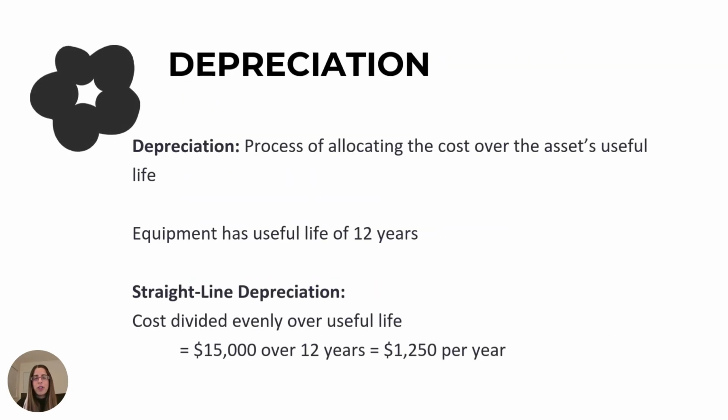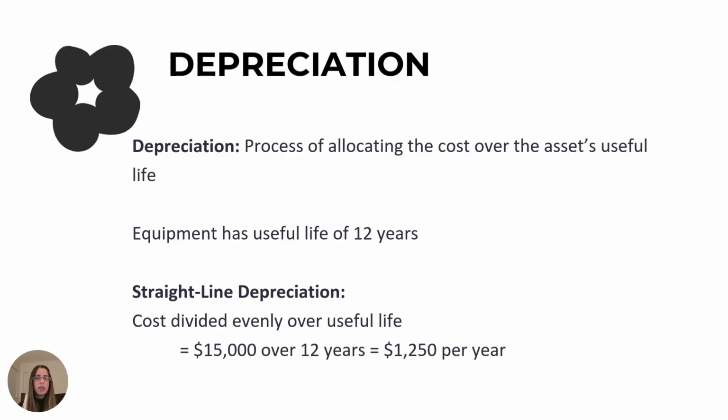And that's where we introduce this term called depreciation. That is the process of allocating the cost over the asset's useful life. So the equipment, we bought it for 15,000. It has a useful life of 12 years. Now, one way we can depreciate it, so we want to allocate that cost over the 12 years, is to do something called straight line depreciation. That is when we divide the cost evenly over the asset's useful life.